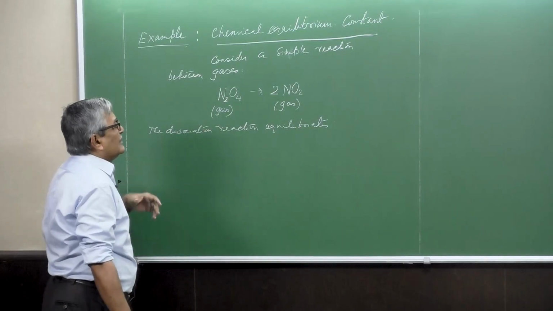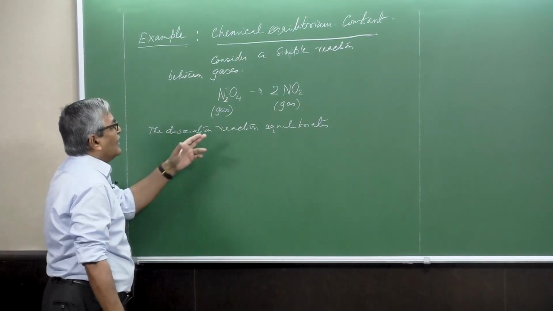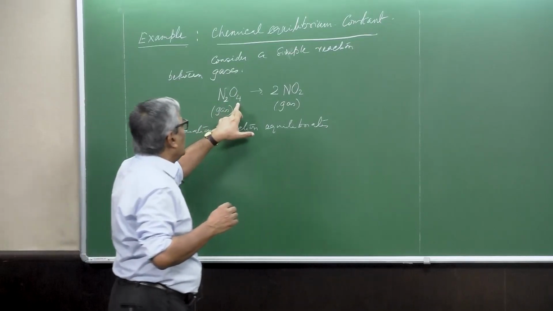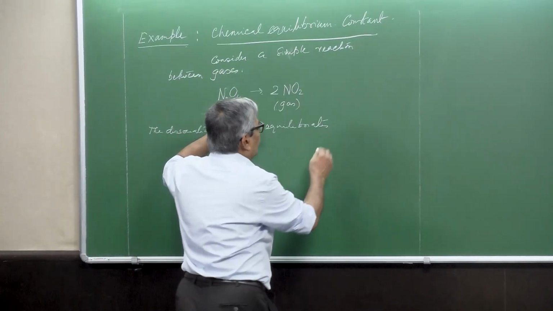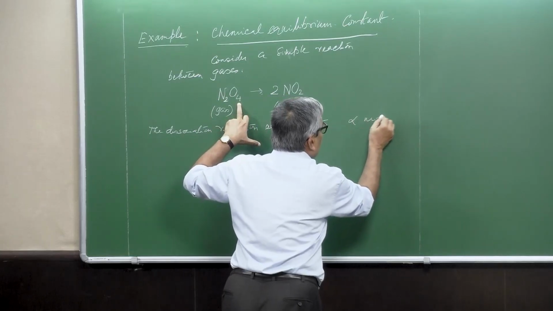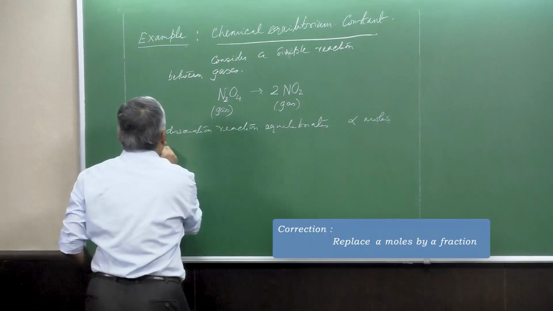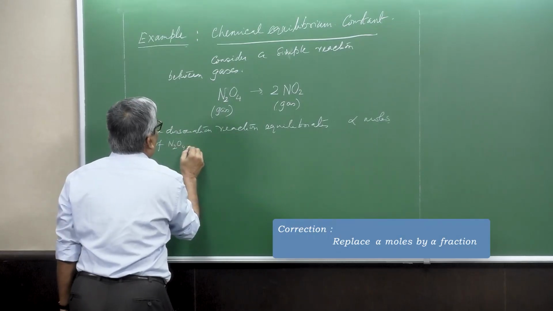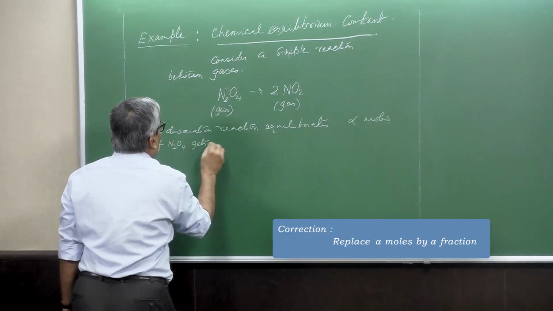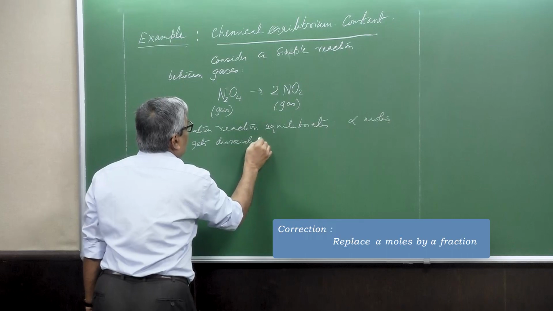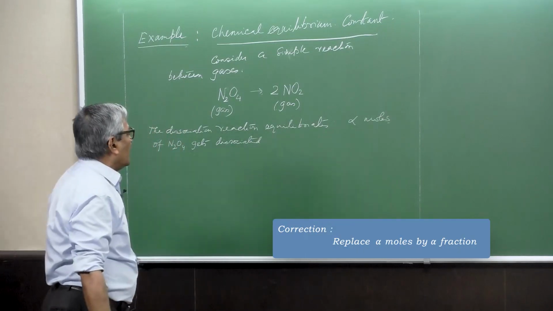We assume that I start with 1 mole of N2O4 and let alpha moles of N2O4 get dissociated, or undergo the chemical reaction.